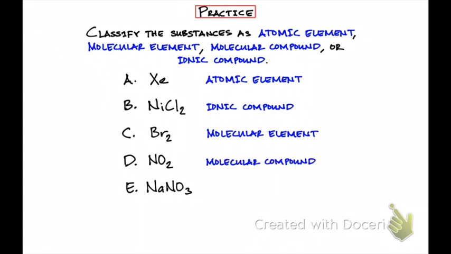And the last one here we have NaNO3 or sodium nitrate. So you have sodium, which is a type of metal, and you have a nitrate, which is a polyatomic ion that's composed of nonmetals. So you have nitrogen and oxygen, both are nonmetals. So in other words, you have a metal plus nonmetals, which makes this compound an ionic compound.